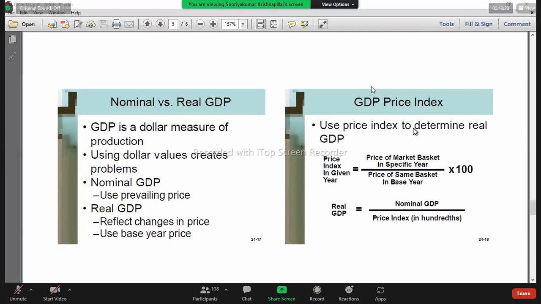So if we know the price index for 2005, and the 2005 nominal GDP is there, then we divide that by the price index, and we get the real GDP. The census department calculates two types of price index.